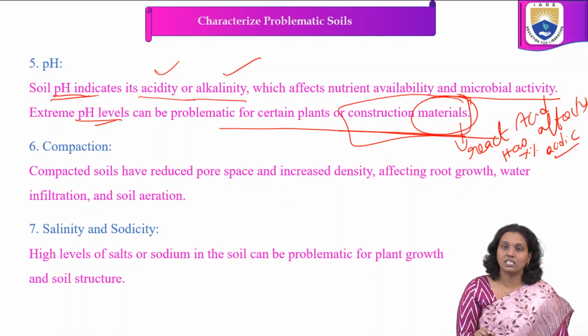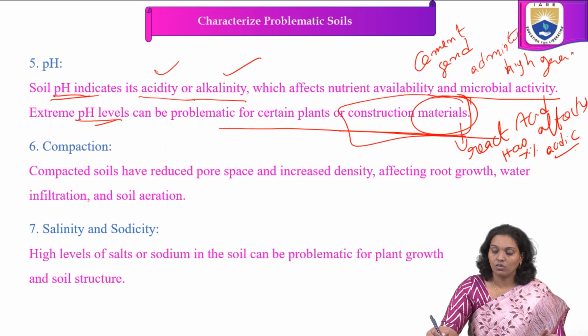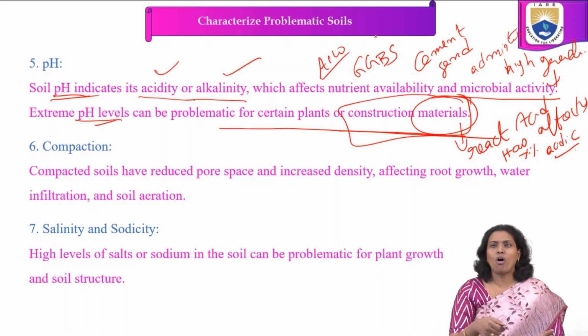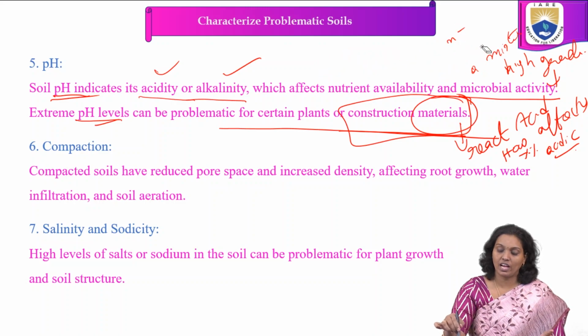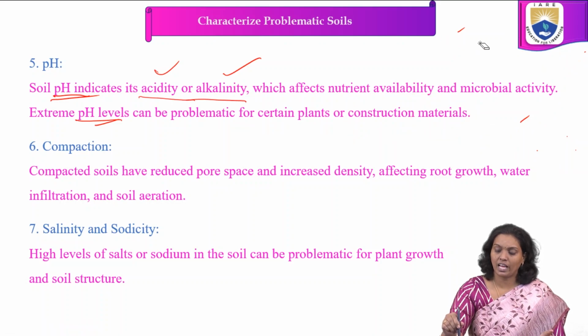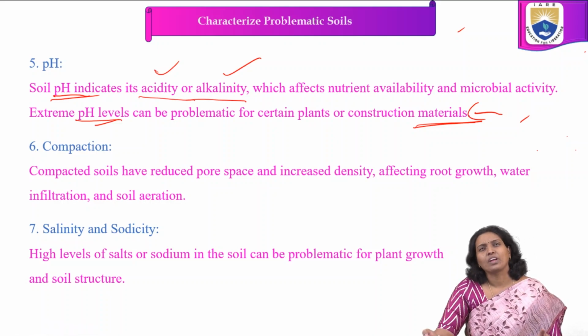There are different types of construction materials which we are using, like cement, sand, different aggregates, and other admixtures. Nowadays we are using different admixtures, and high grade concrete. For that we are using various different properties, and GGBS, and agriculture waste also nowadays. So for all these different kinds of materials used for construction purposes, the pH value is going to directly influence them, which means it is going to affect the construction.